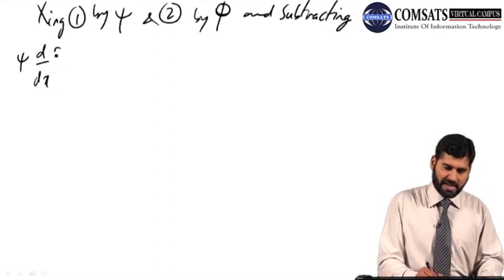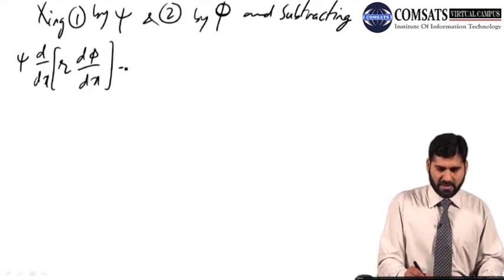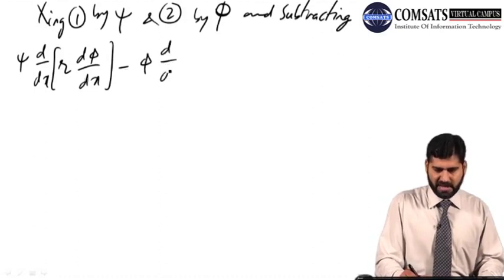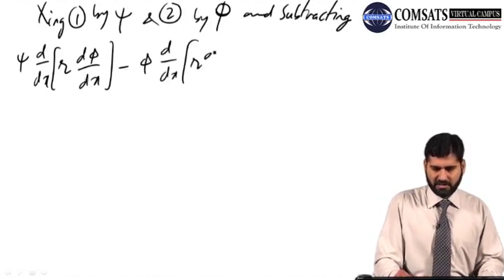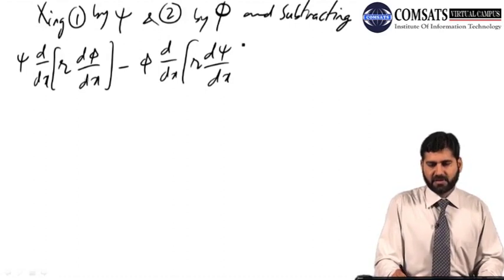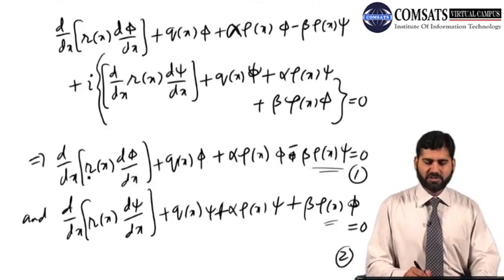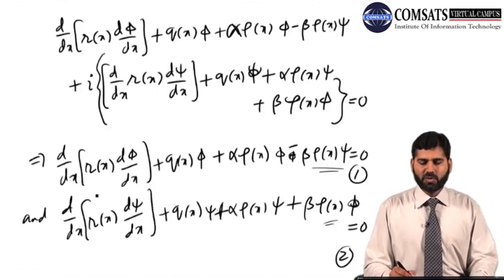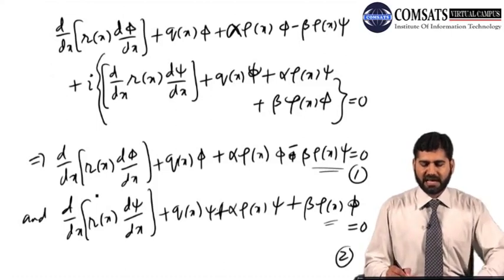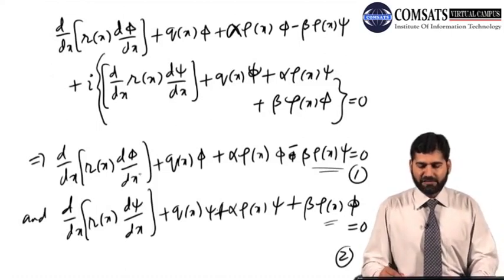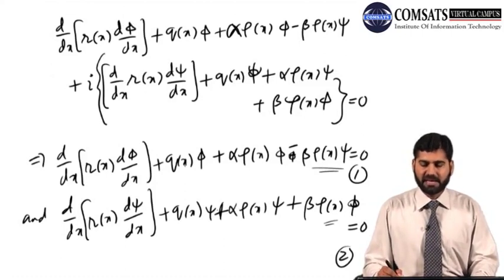So psi d by dx of R d phi by dx minus phi d by dx of R d psi by dx. This is from the first two, this is what you will get. q(x) phi psi and q(x) psi phi, they will be cancelled. Alpha rho(x) phi psi and alpha rho(x) psi phi, they will be cancelled.